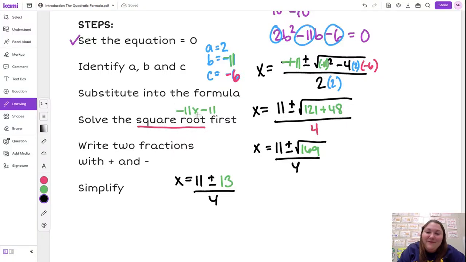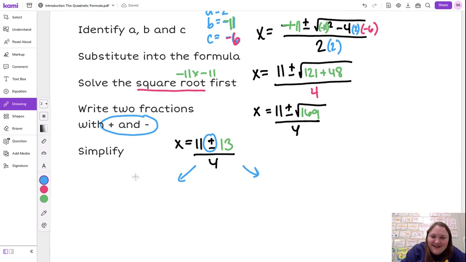Okay, we've finished the square root, which means we can come to this next part. And this next part has to do with the plus or minus sign. Plus or minus means you are going to write this problem 2 times. One time with plus, one time with minus. So I take this and I write it 2 ways.